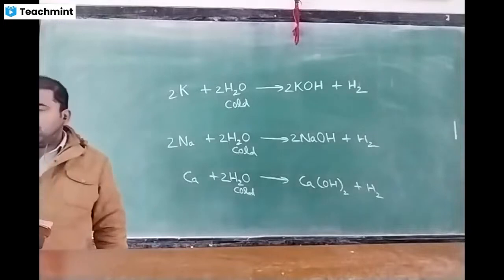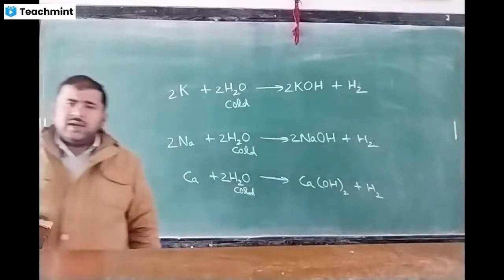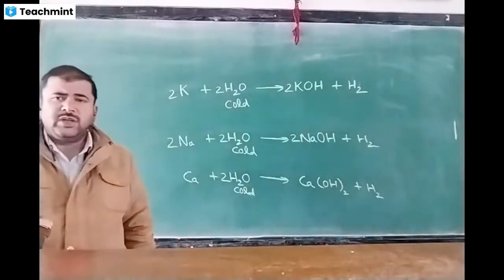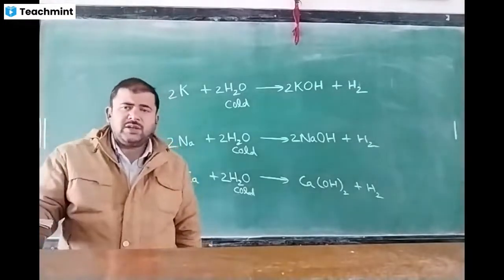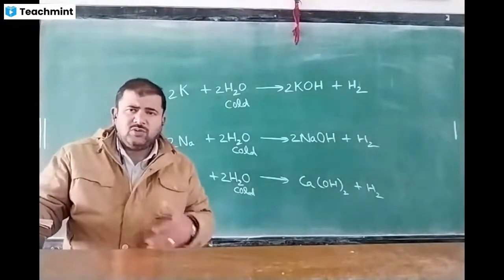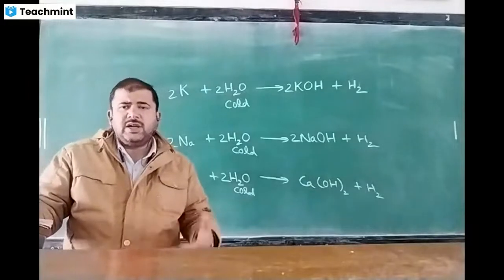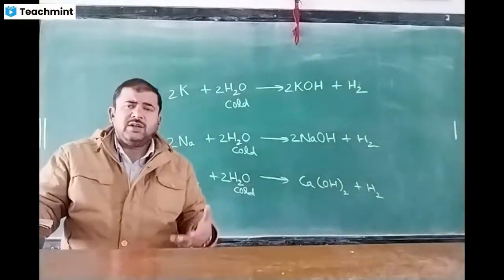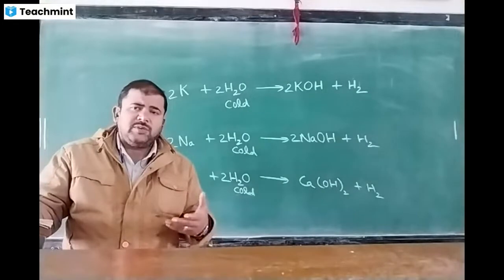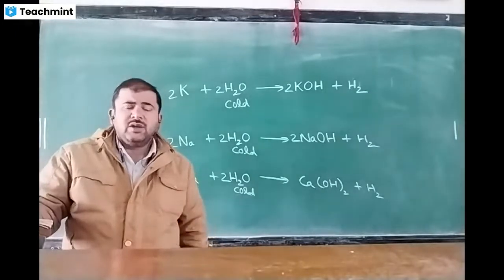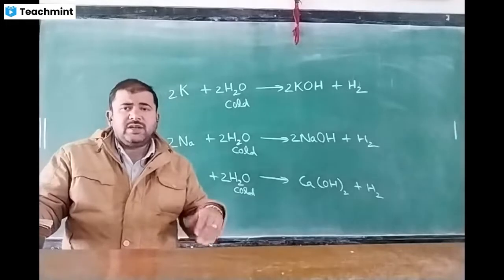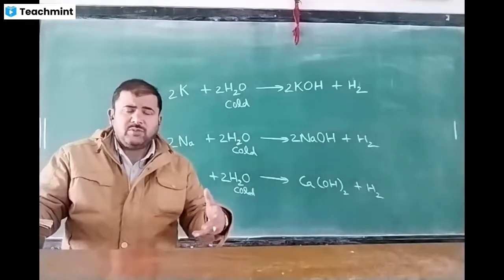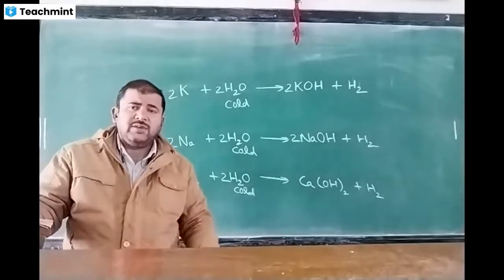And after that, if we see the other active metals, magnesium, aluminum, zinc, iron, these react with the steam of water, and we get the oxide of the metal plus hydrogen gas. In these reactions, only magnesium can react with hot water, meaning boiling water, as well as steam.